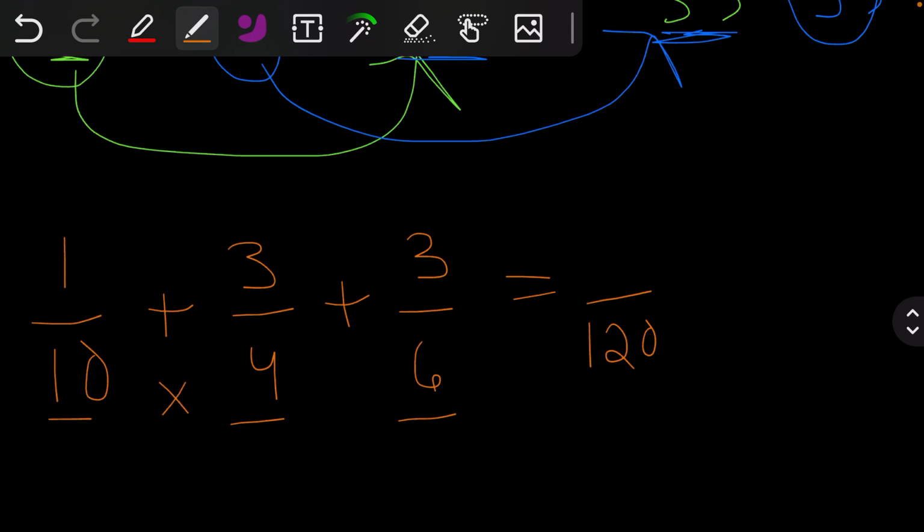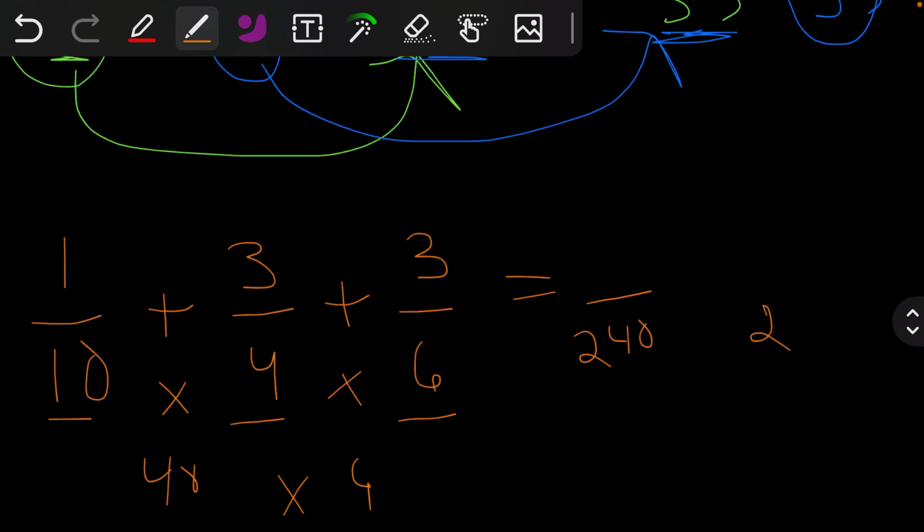And the way we do that, let's just multiply 10 times 4. Actually, we'll go 240 just to keep it simple. So we got 10 times 4, which is going to be 40. And then 40 times 6, which is going to be 240, yes.